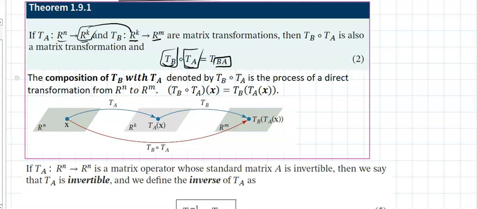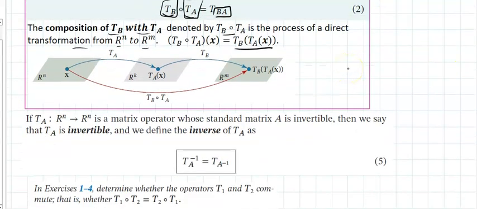The composition of T sub B and T sub A, denoted T sub B composed with T sub A, is the process of direct transformation from Rn all the way to Rm. It looks like this traditionally in math. A maps X into T sub A of X, that's the matrix A, and we talked about that in the previous section.